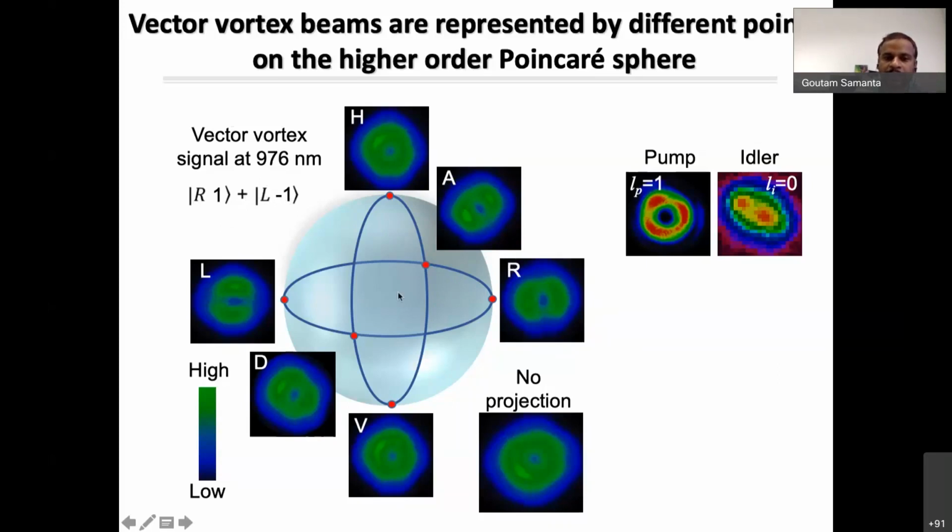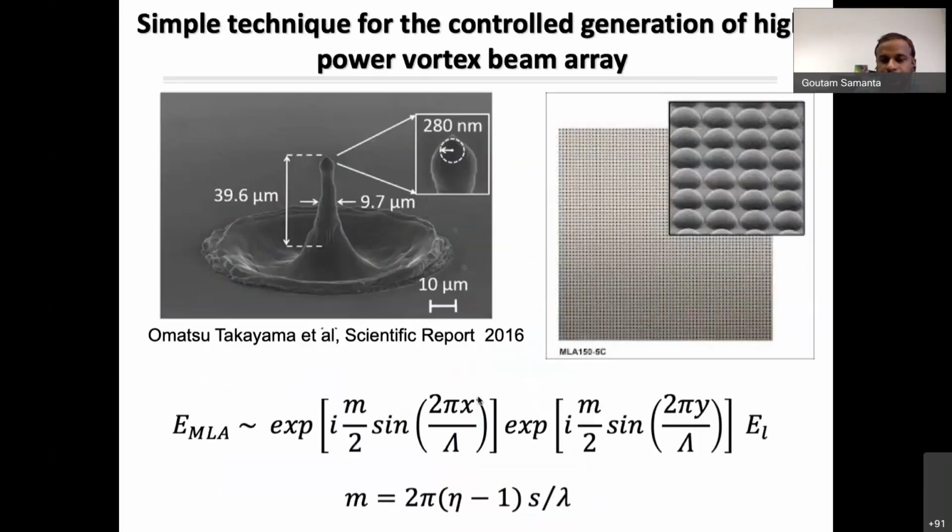From H, and then with different polarization states, the lobe structure is rotating, because due to this projection, they are inseparable. You cannot really separate the OAM mode and the polarization state from the beam. That is what we call non-separable.